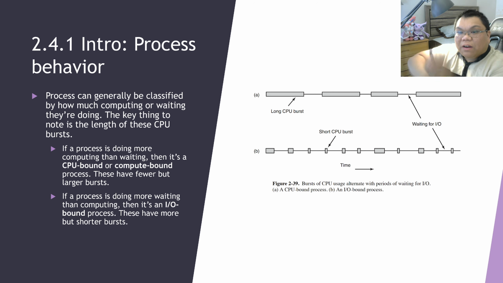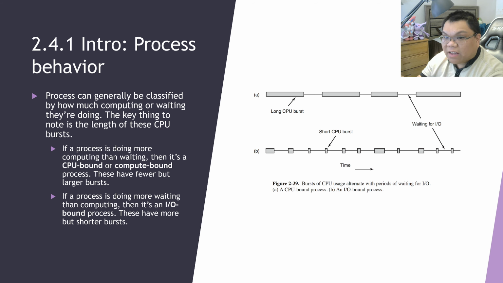So it's going to be computing for a very long time. Computing, and then it stops because it needs to write to a file. But once that's done, it's going to compute, and then it's going to have to write to a file again. So that's what's called a CPU-bound process, or a compute-bound process. These are processes that compute in long bursts.